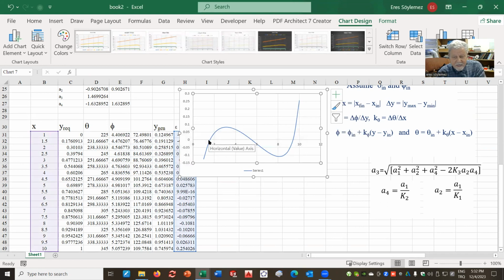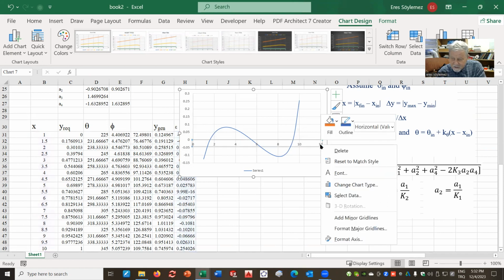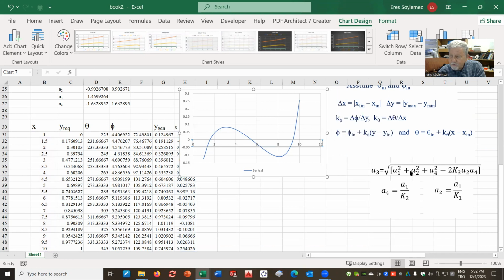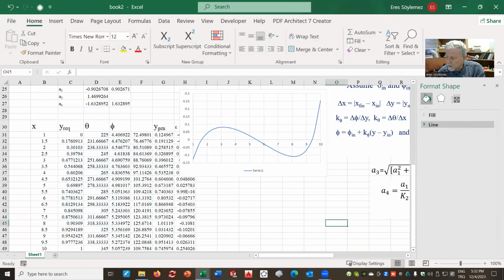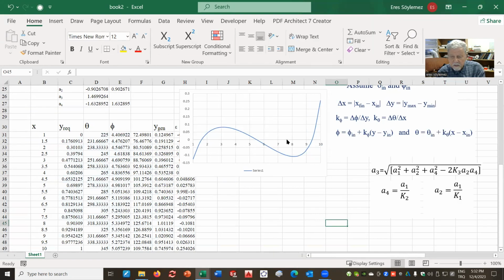As you can see, error is 0 at the points that I have defined, and it changes. Format axis. I will make it starting from 1, going into 10. Okay, every 2 units is good enough.